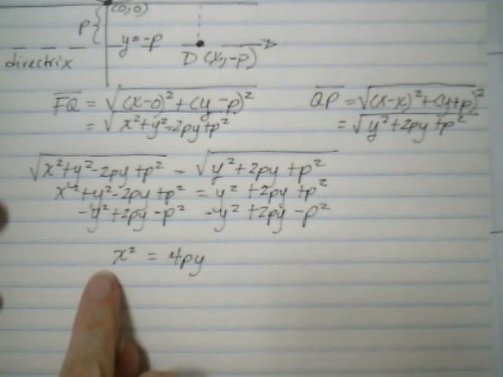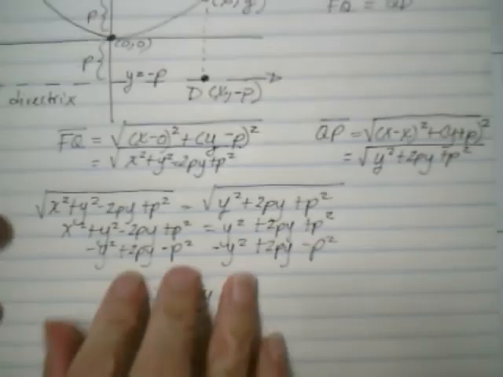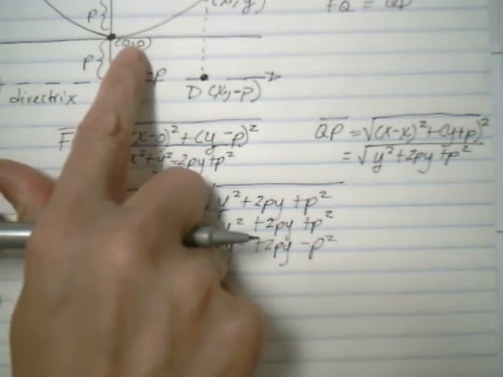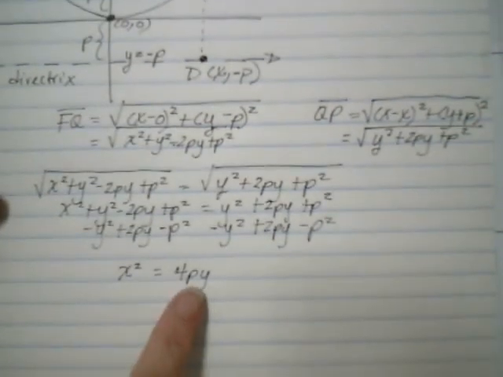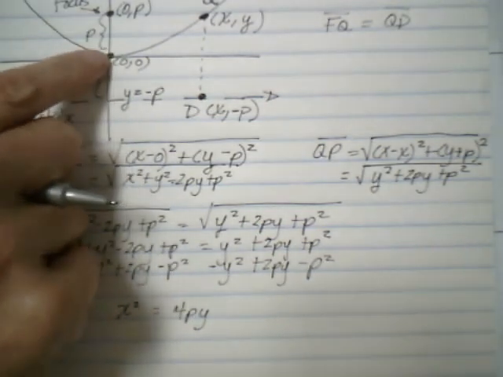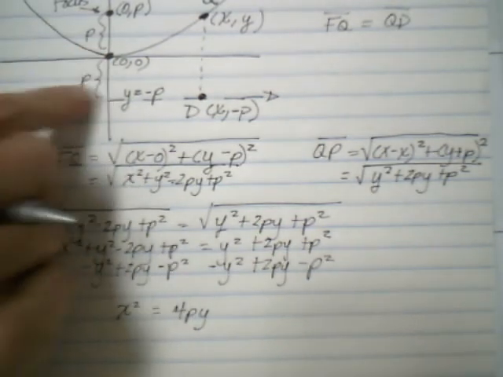This is the equation of a parabola with a vertical axis of symmetry and the vertex at the origin. p is the distance my focus is from my vertex, and the distance my directrix is from my vertex.